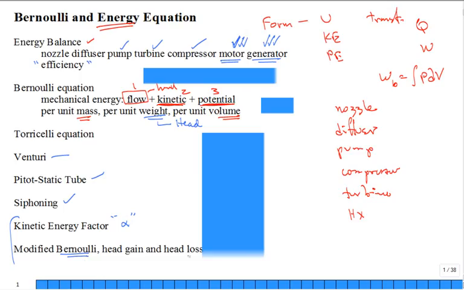Where does energy get lost? How does energy get lost? Well, in the bookkeeping, it goes out of the form that we want to keep it in. We want to keep it in a mechanical form, one of the three mechanical forms: high pressure, high speed, high elevation. You can think of the flow energy as pressure. And how does it get lost? Through friction. It goes out via dissipation.